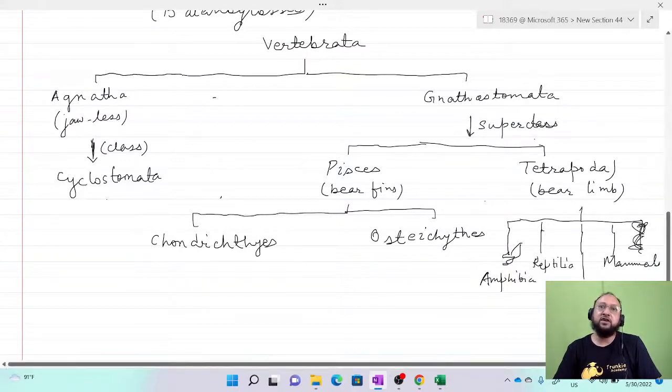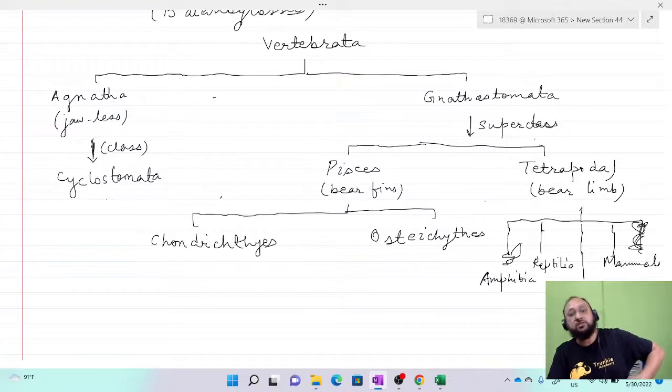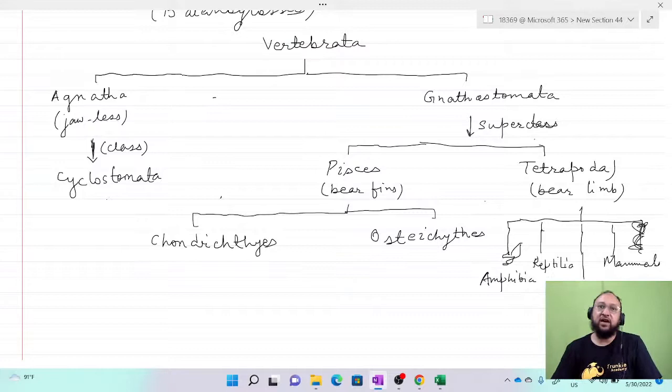In case of Gnathostomata, there are different subclasses, or you can say superclasses, which are Pisces and Tetrapoda. Gnathostomata is not the superclass; it is a division, and the superclasses are Pisces and Tetrapoda. Pisces means the aquatic animals, like fishes, and these are divided into two classes called Chondrichthyes and Osteichthyes.